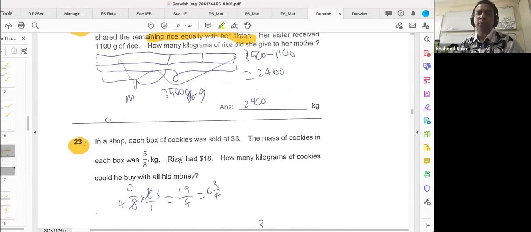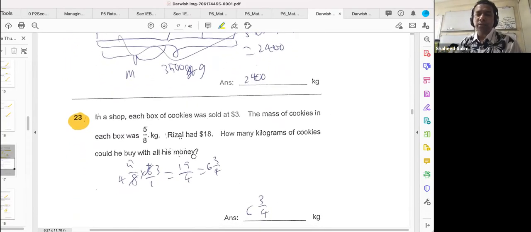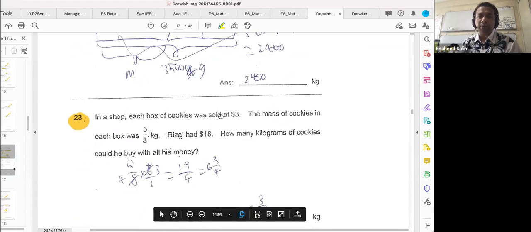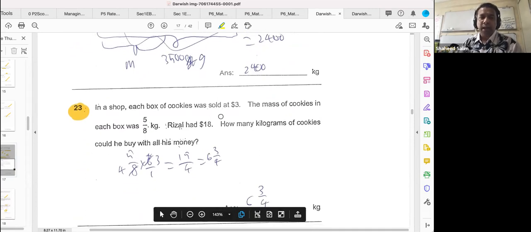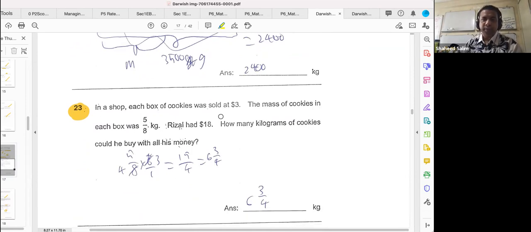Okay, the next one you try to correct. Let's see. You say the answer is this. Hold on. We just think. How many kilograms of cookies could he buy with all his money? Are you sure this is correct?